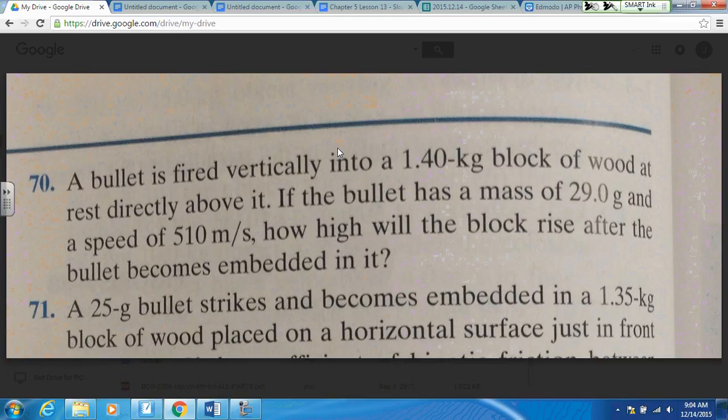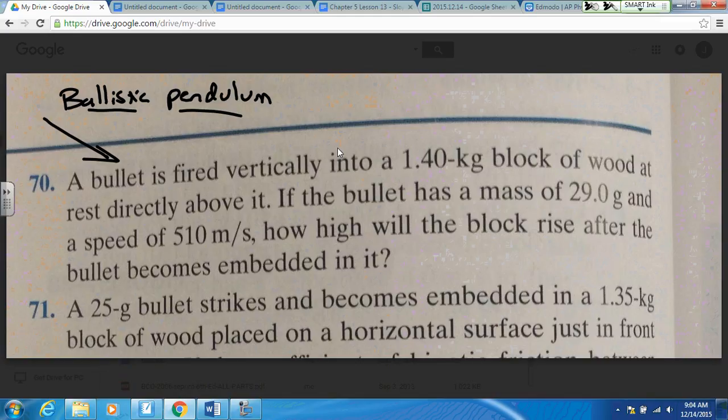Okay. Number 70 is actually a kind of classic problem, and we have a name for this. We call this a ballistic pendulum problem. And up until recently, this was, in fact, the way that forensic scientists would determine the muzzle velocity of a gun.